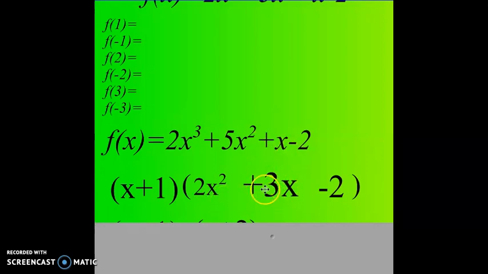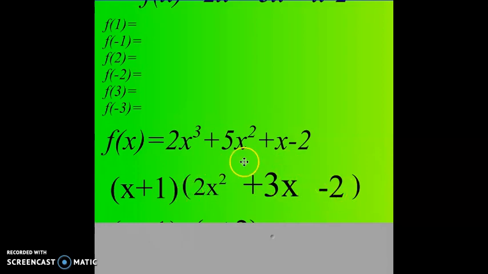So we test whether this is true for the next one. 1 multiplied with 3x will give me 3x, and x multiplied with -2 is -2x. So 3x minus 2x will give me the positive x I'm looking for. So then I know my values are correct.